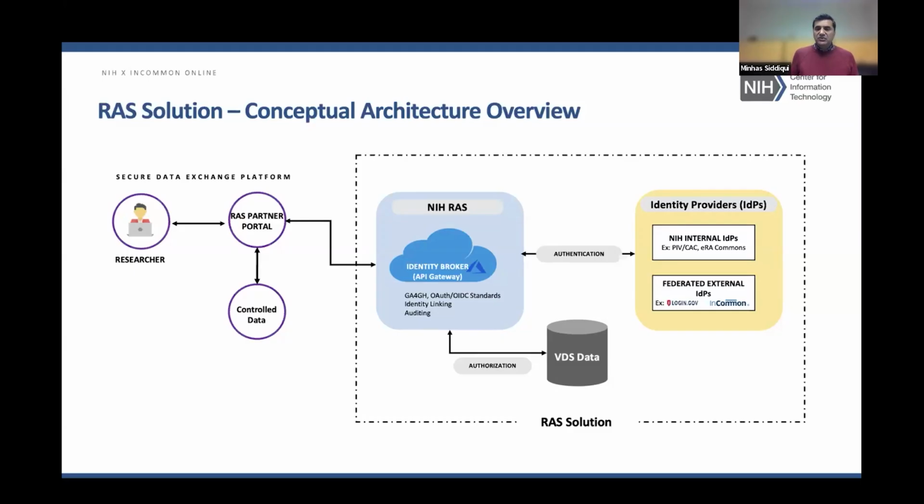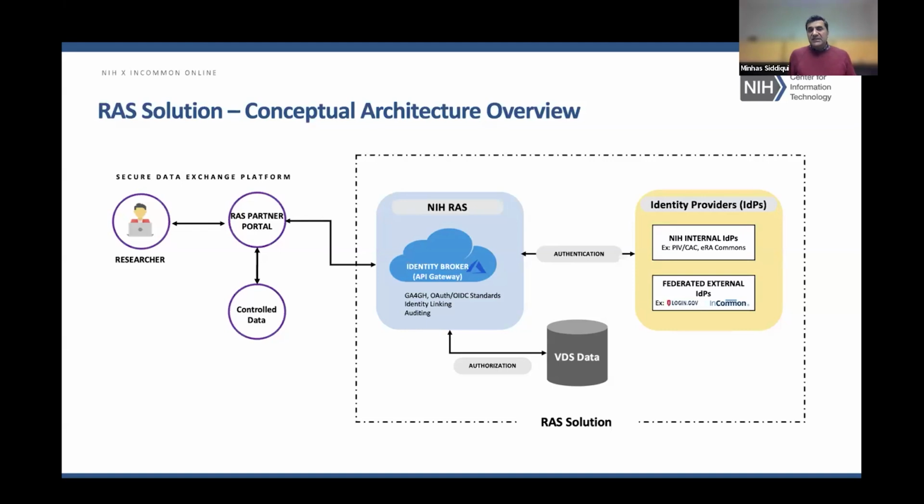Key design principles are standards-based interoperability, federated identities, not siloed accounts, and least privilege access through controlled authorization. Together, these support scalability, security, and long-term sustainability.